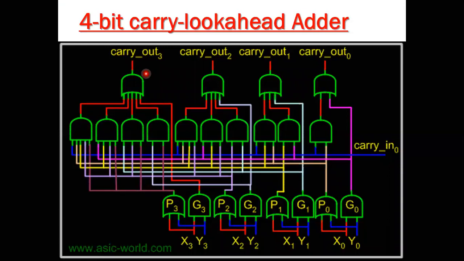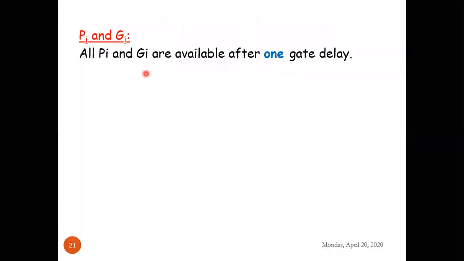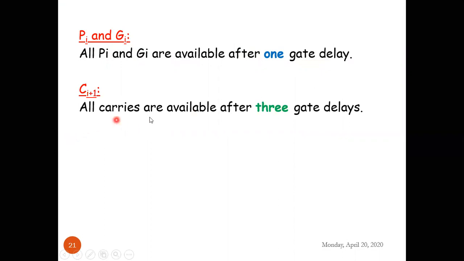Unlike in normal addition, where the gate delay was increasing, here if you keep on increasing whatever number of stages, it results in the same gate delay. So a quick recap here to check all the functions. Pi and Gi are available after one gate delay. All carries are available after 3 gate delays, that is C1, C2, C3, C4.